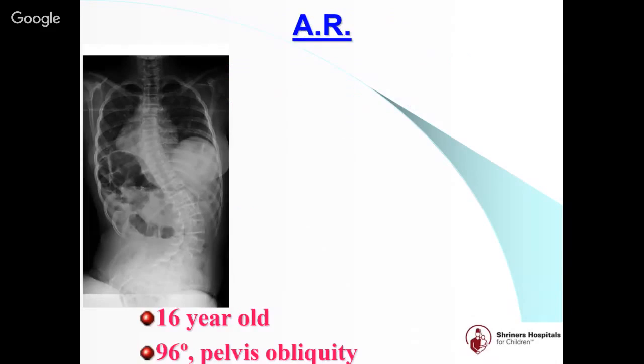So here's a 16-year-old with a large 96-degree curve. But what's more important is her pelvis. Here's one side of her pelvis over here, and here's the other side. We call that pelvic obliquity. Instead of the pelvis being flat to the ground, it's very much shifted up because this lower curve is really pushing her over. You see, that's where the pelvis lies right there.